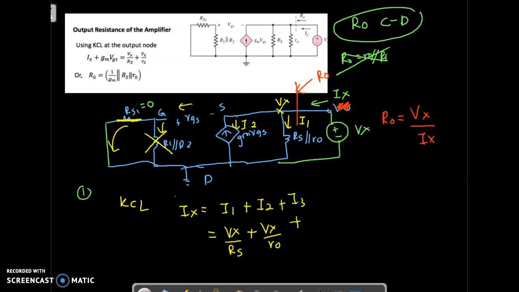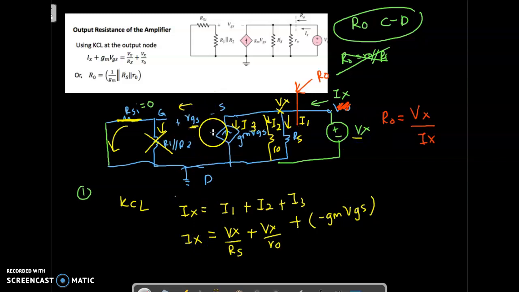Here we assume, if I delete this one, here is Rs, and we have another one here, R0. So here becomes I3, this becomes I2. So it becomes minus, not plus, minus Gm VGS Ix.